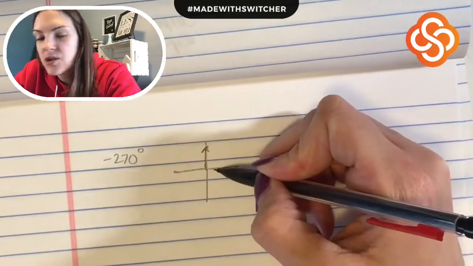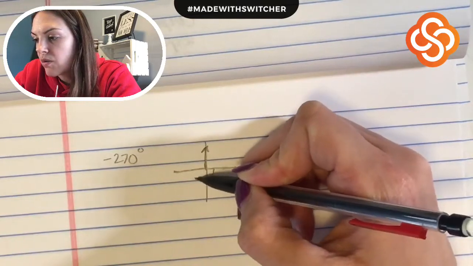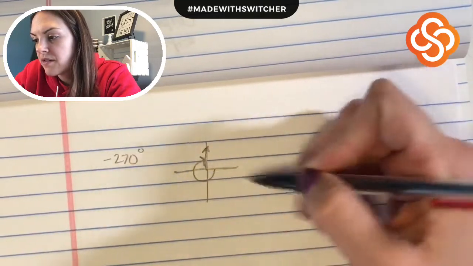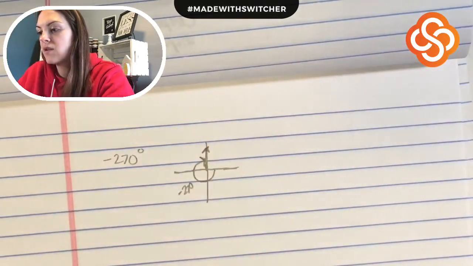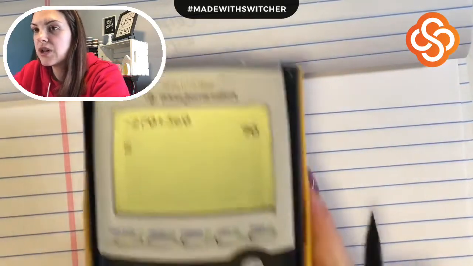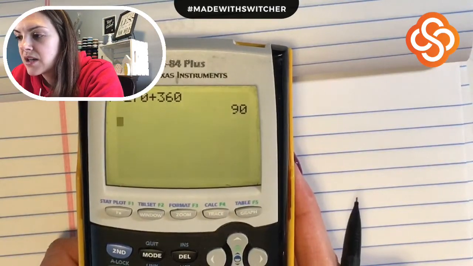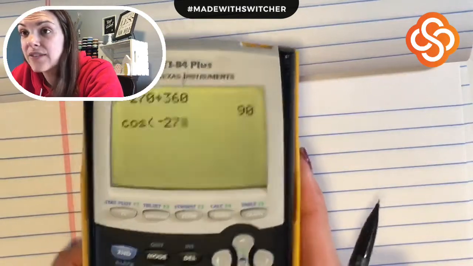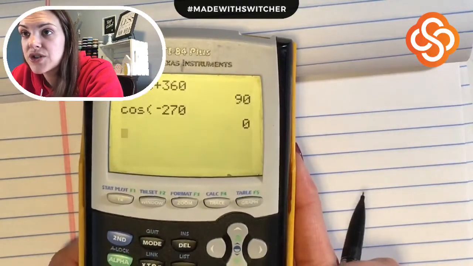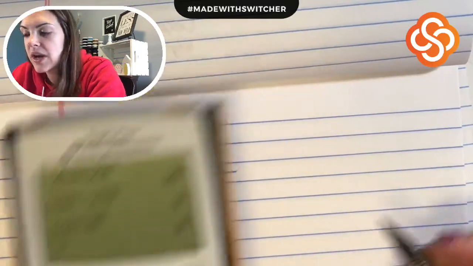Okay? And then when we draw our rotational diagram, we're going to go this way, right? Because it's negative 270. And when we think of what that is, we could use our calculator and do the cosine of negative 270, the actual question, or we can do cosine of 90, and we still get the same thing, okay?